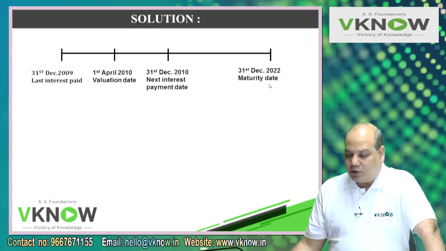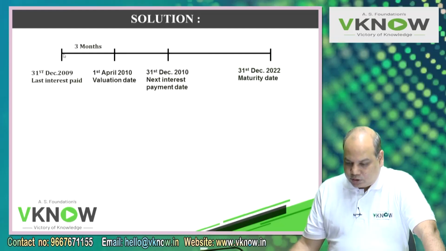This is the date when the bond will mature. So I am sure you have understood these dates. We have to value the bond on this date. What is the time between these two dates? 3 months. So write 3 months.